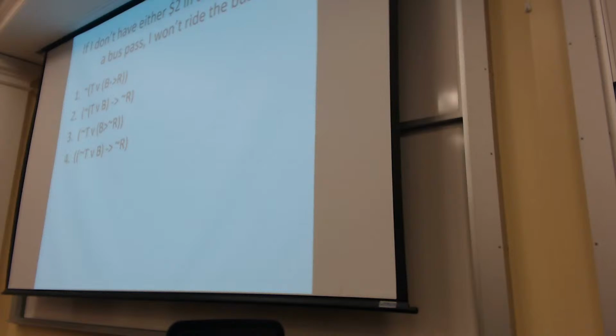Either indicates another parenthesis, then we need T for $2, or B for a bus pass. Then we have a comma. It doesn't say then, but since we started with an if, the implication is then I won't ride the bus. So the trickiest thing there is realizing that you've got an if opening a parenthesis, a don't indicating a negation, and then an either indicating the next parenthesis. So you've got this pattern.